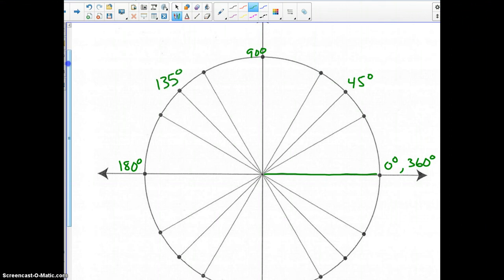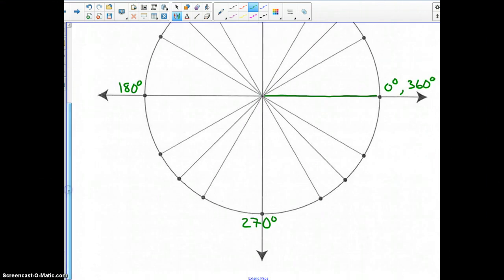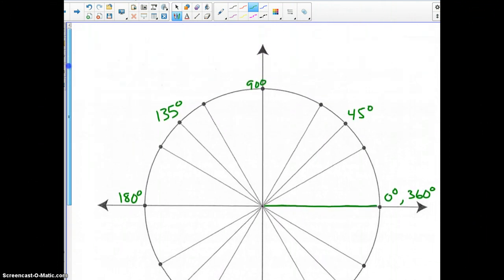You may notice it's just counting by 45 degrees each step. Now, 45 degrees more than 180, or halfway between 180 and 270, is 225 degrees. Then this final point over here, halfway between 360 and 270, is 315 degrees. All right, so now we've started with our degrees.